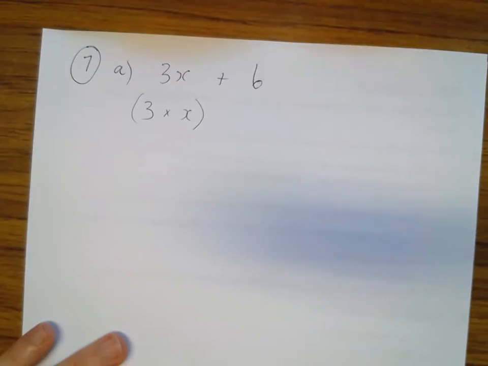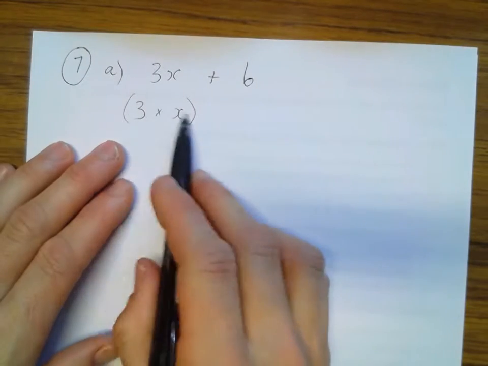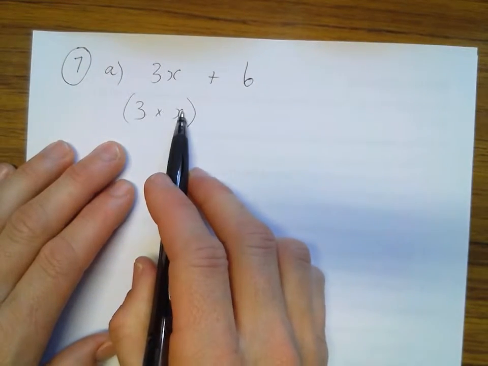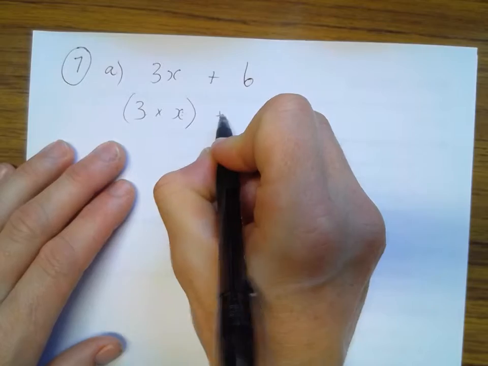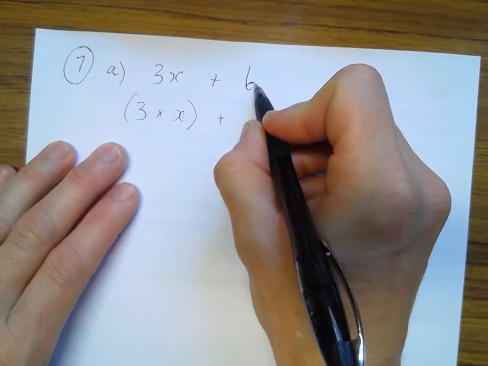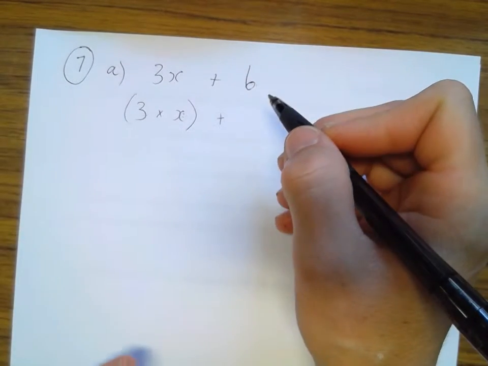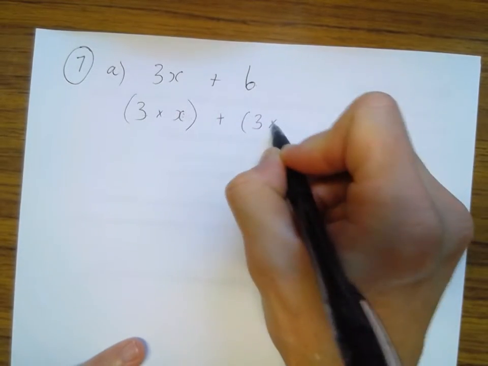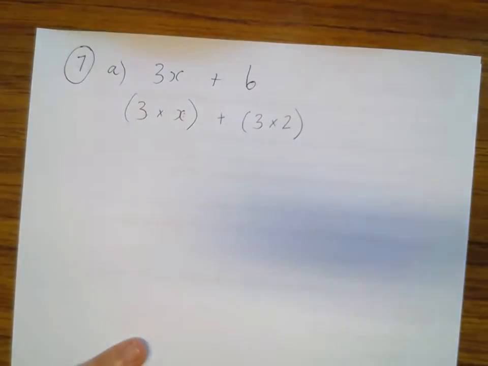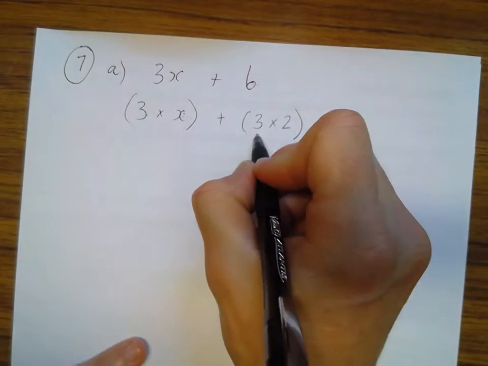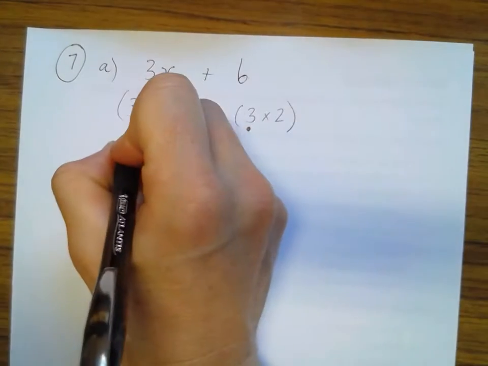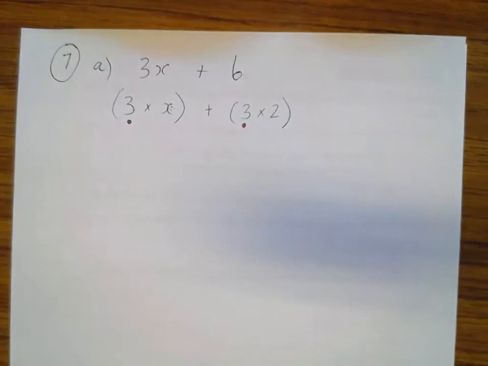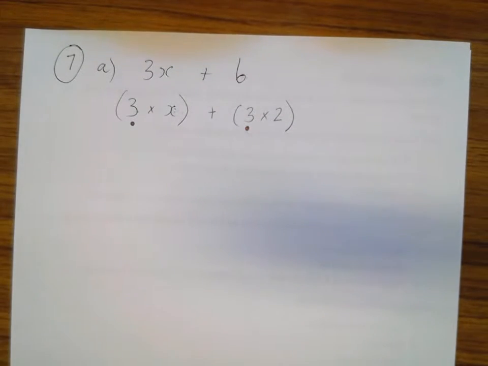It can't be anything else when you break it down into its factors. Now 6. We could think 1 times 6 is 6, or we could think 3 times 2 is 6. We choose 3 times 2 as our factors because our goal when factorising is to find a common factor, the highest common factor, between the two terms.